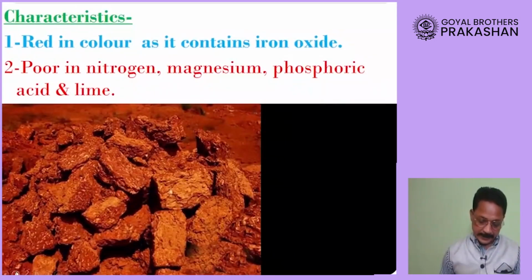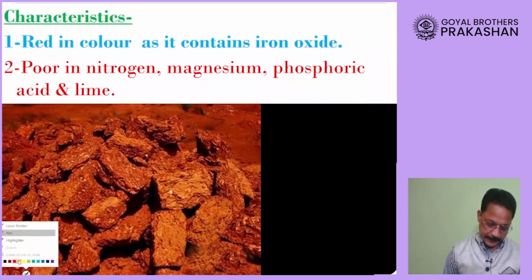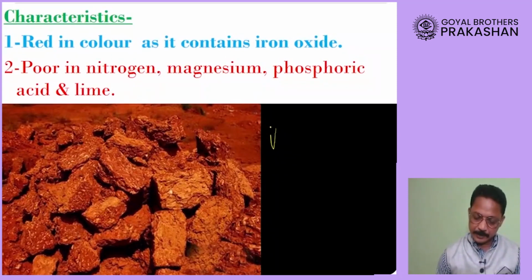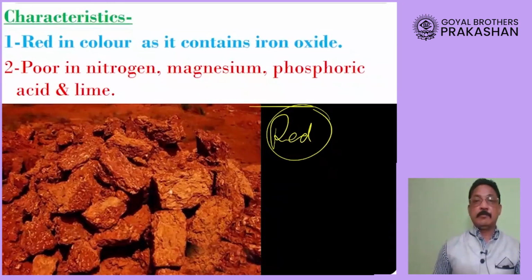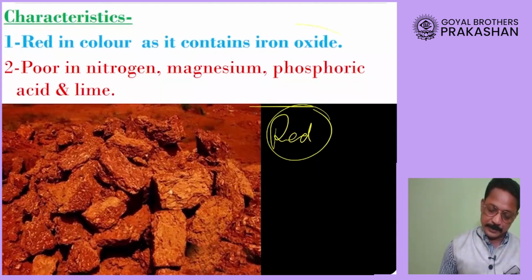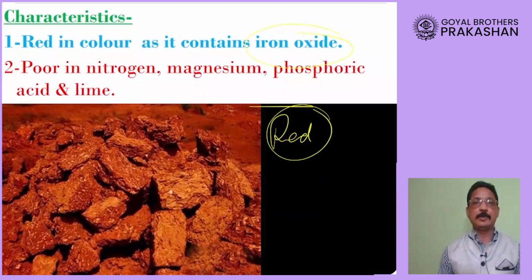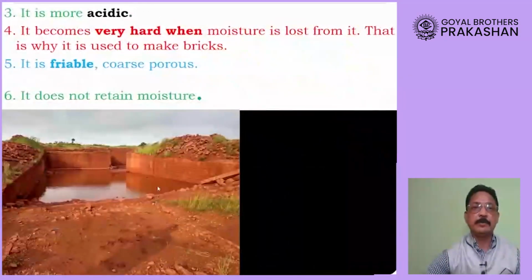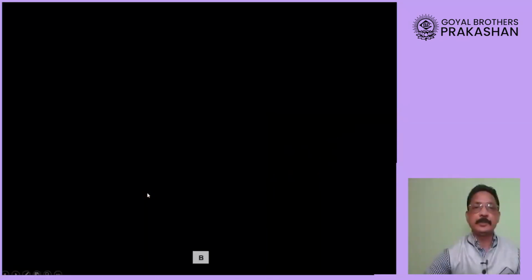Now, what are the characteristics of this soil? The first characteristic, as you can see, is that this soil is also red in color. Why do you think it is red? You are correct, because it also has an abundant amount of iron oxide. Now this soil is actually not very good for cultivation of crops, because it lacks major nutrients.